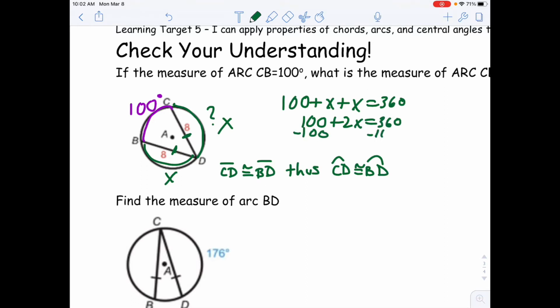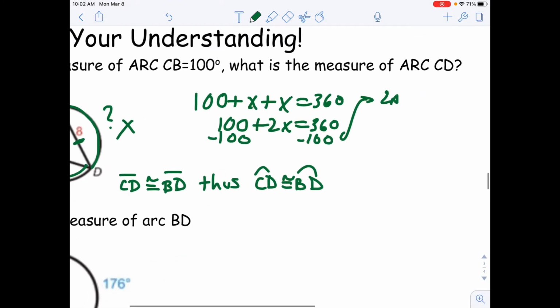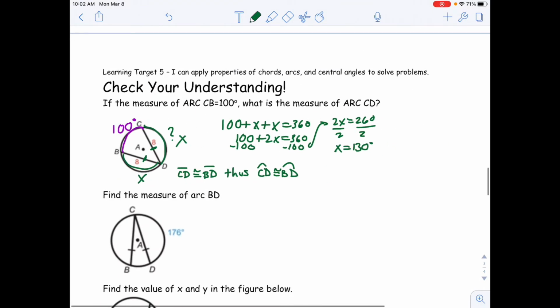Subtract 100 from both sides: 2X equals 260. Divide both sides by 2, and X equals 130 degrees. The chords were congruent, so the arcs were congruent. It gave us one arc, and we just used some math.